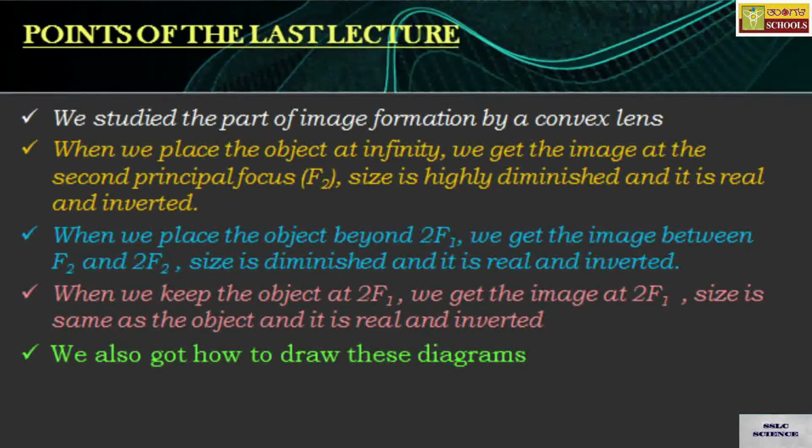In the last lecture, we were studying the image formation by convex lens, where we came across that when we keep the object at infinity, we get the image at the second principal focus, that is F2.